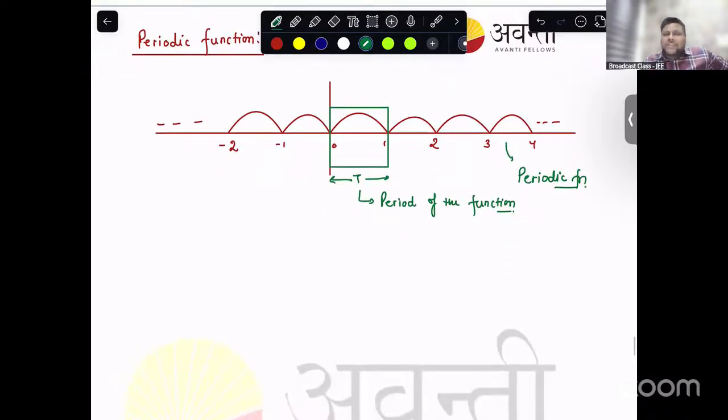Now, this is the graphical thing that we should understand. What is the mathematical approach?